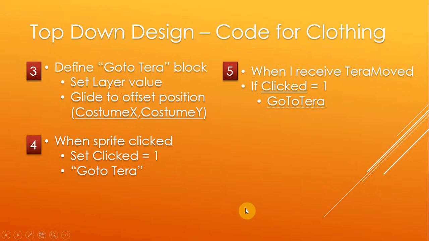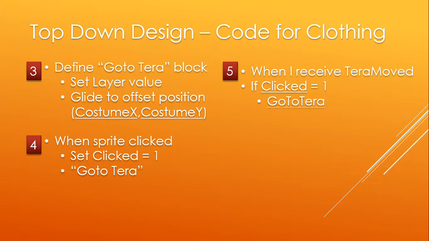Third thing we'll do is define the go to block. We'll set the layer for that particular costume, and we'll glide to an offset position. The offset position is the right position to attach itself to Tera.